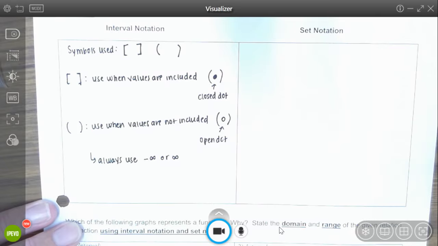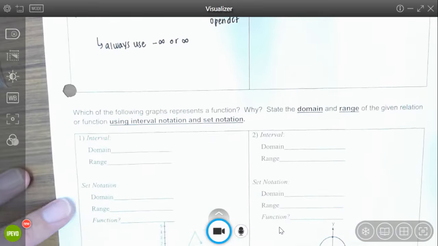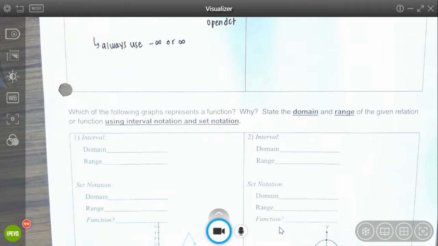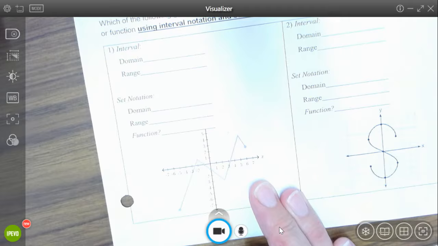All right, so let's look at an example using interval notation, and then I'll go back to talk about set notation. So we want to describe the domain and the range of example 1.